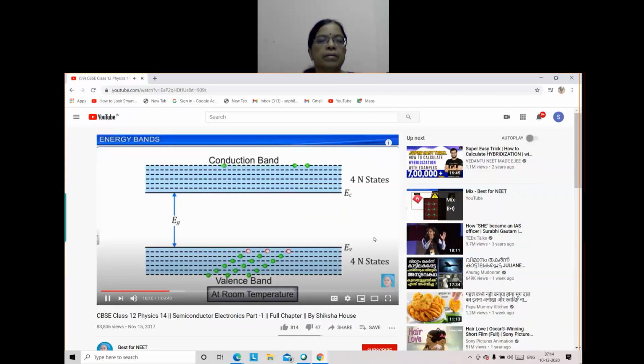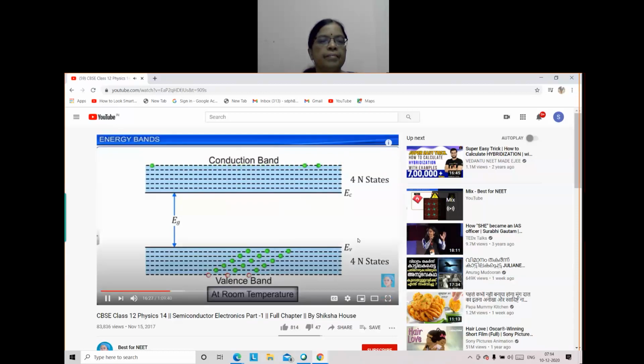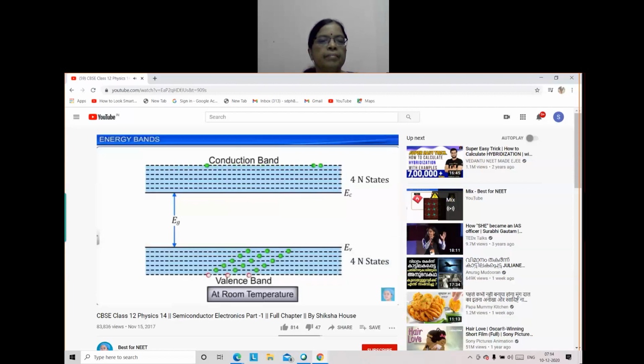The vacant energy levels in the valence band create the opportunity for other valence band electrons to move into them. Therefore, in such solids, conduction is possible due to the conduction band electrons as well as due to the vacancies in the valence band.